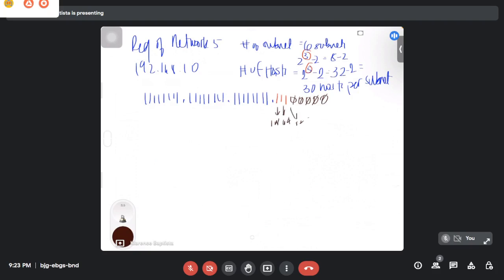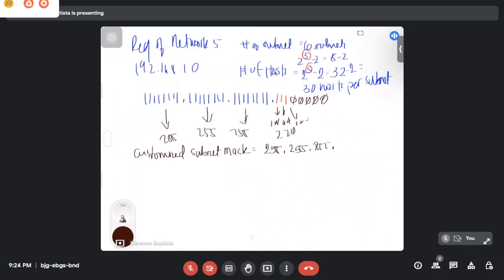Pag inadd po natin lahat yan, the value is 224. So yung tinatawag po natin customized subnet mask is equals to 255.255.255.224. Yan na po yung customized subnet mask po natin.